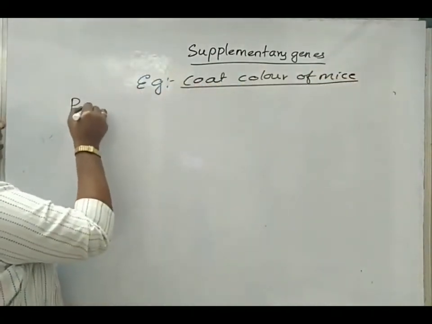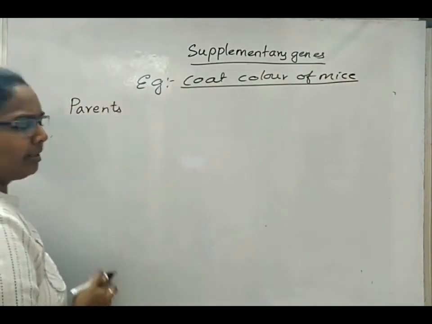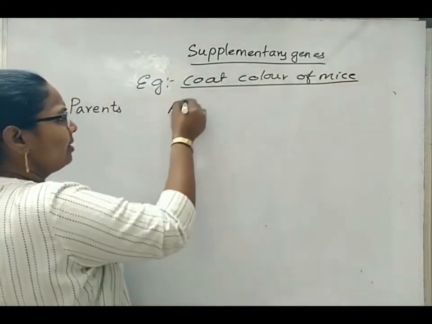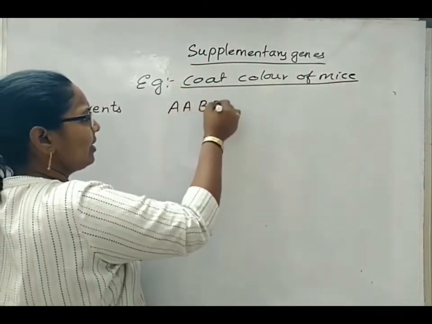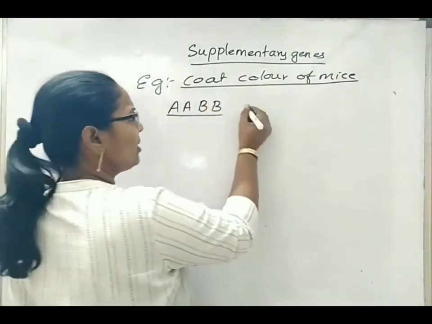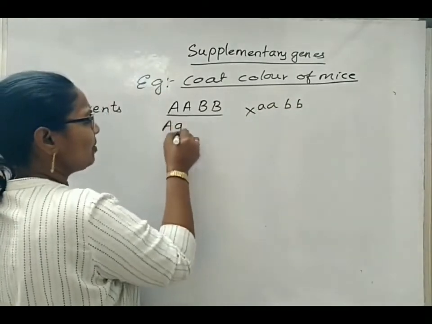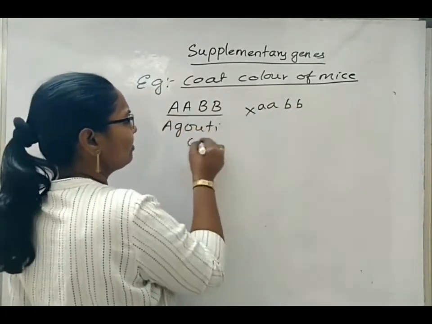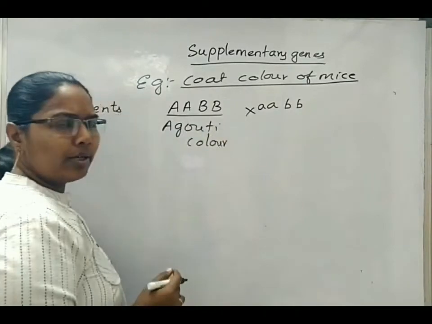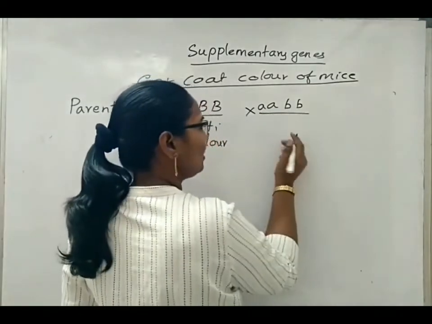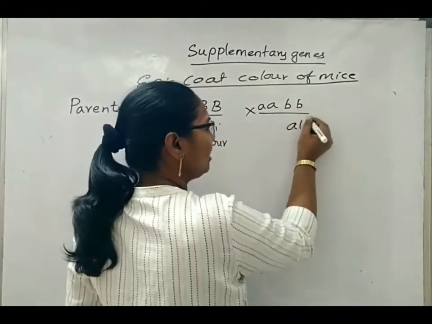If you take the parents which are having combinations like, directly we are taking agouti color which is crossed with purely albino. So this is responsible for agouti color, that is light brown or golden brown. And these paired alleles are giving out phenotypic character like albino.